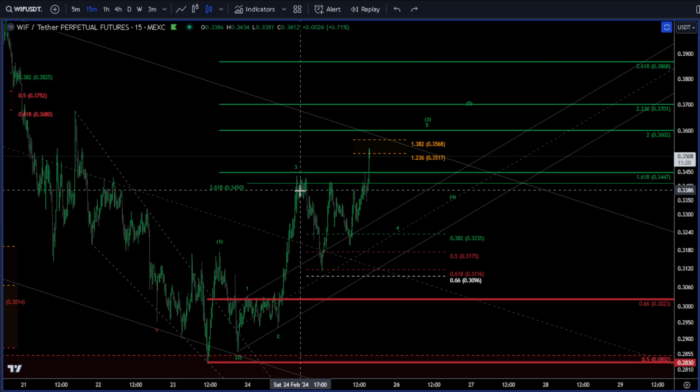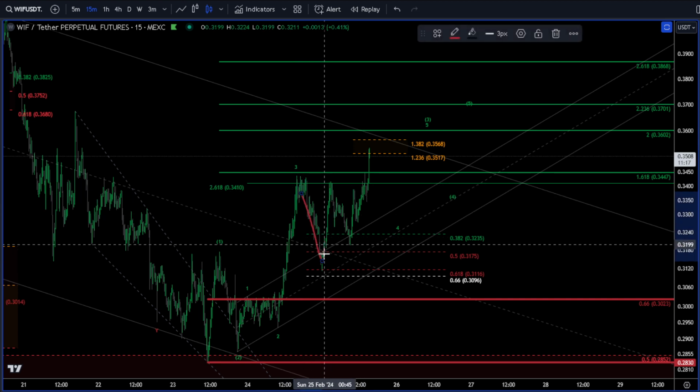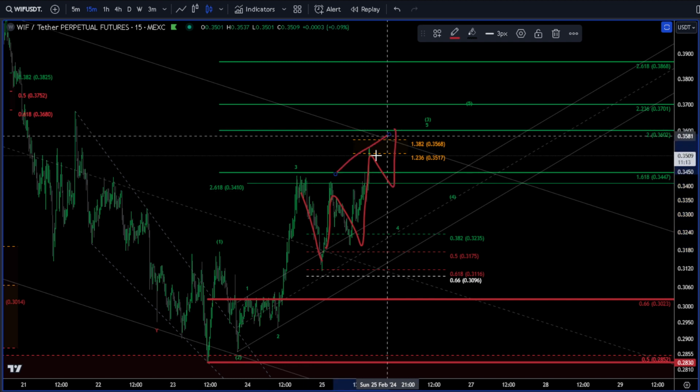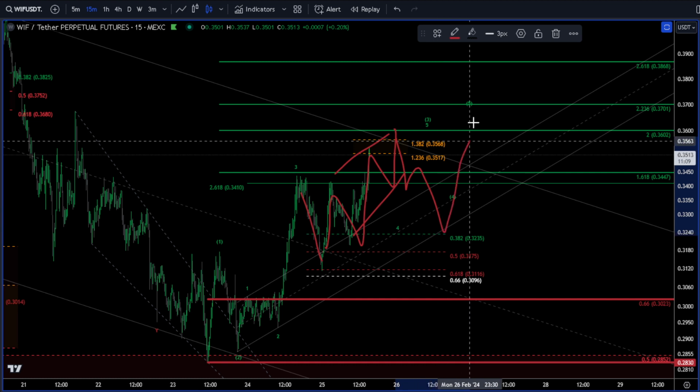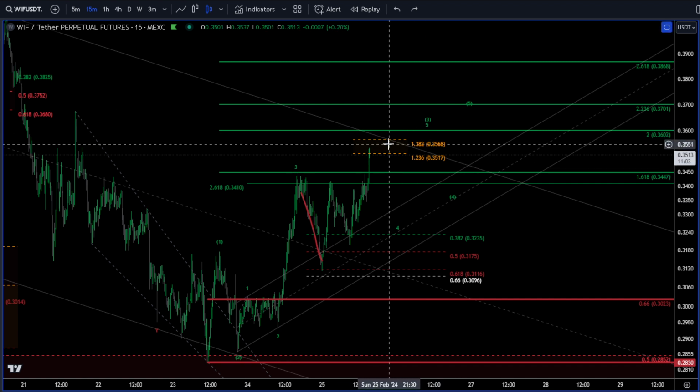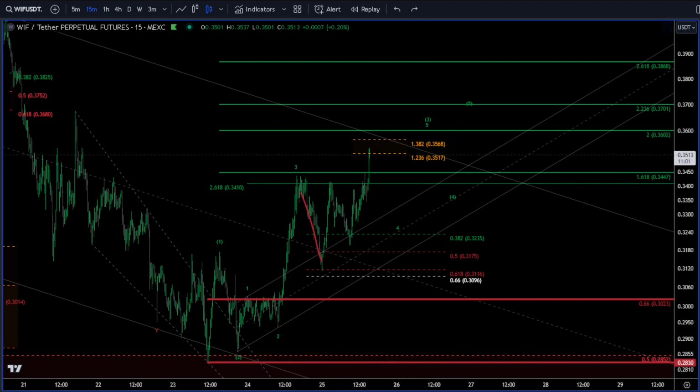Alternatively, if this is actually a fourth wave, this could end up being a diagonal, and that could be the top of our third, and we come back for our fourth, and then we go. But either way, the bias is up, obviously, looking to break this trend line to the upside.